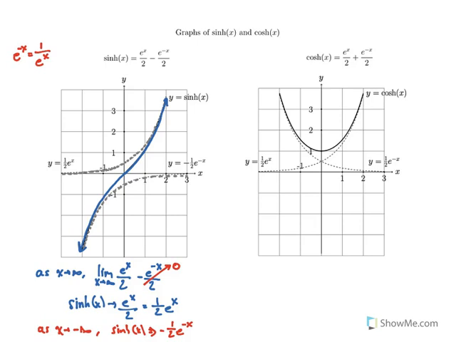Cosh is done in a very similar way, except that as x goes to infinity, we have that cosh is going to approach e to the x over 2. And as x goes to negative infinity, cosh approaches e to the negative x over 2, without the negative.